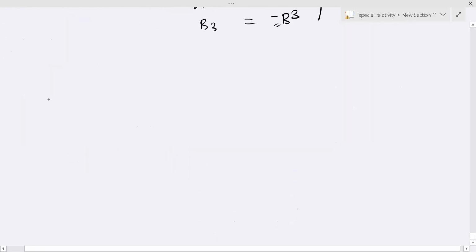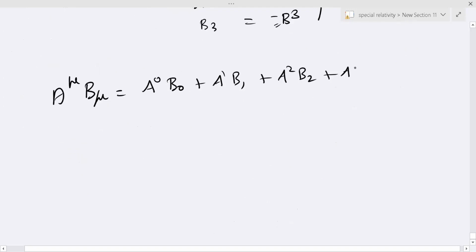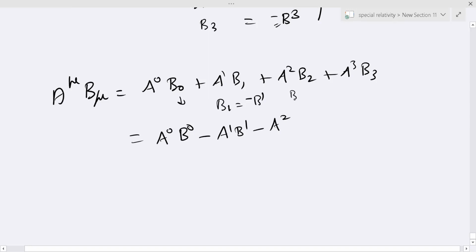Now let's just expand A_μ B^μ. This is equal to A_0 B^0 plus A_1 B^1 plus A_2 B^2 plus A_3 B^3. But what is B_0? B_0 is equal to the upper index B^0. But what is B_1? We already found that B_1 is equal to minus B^1. So minus A^1 B^1, minus A^2 B^2, minus A^3 B^3.